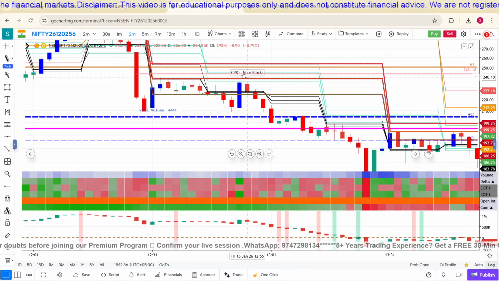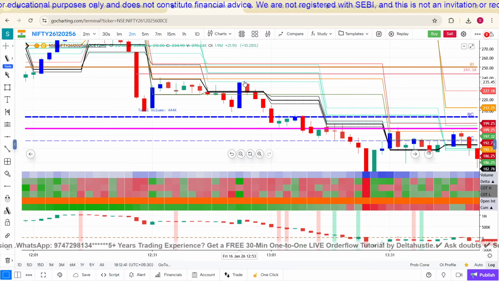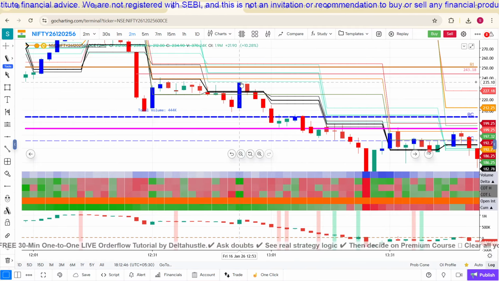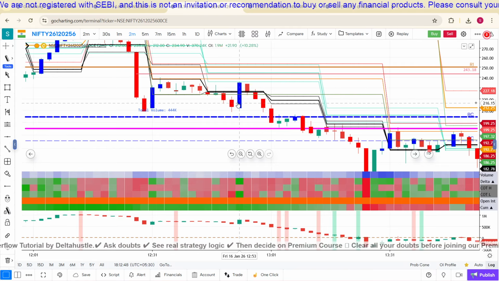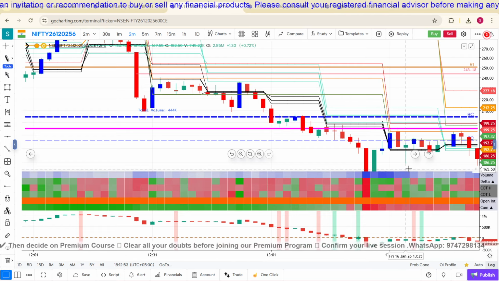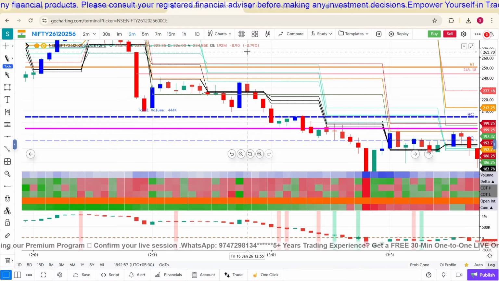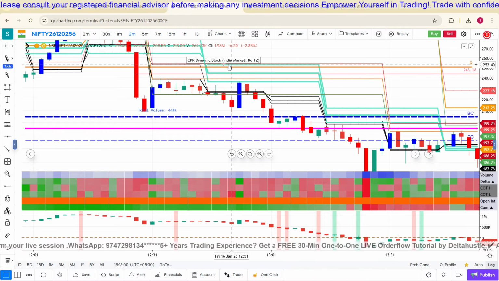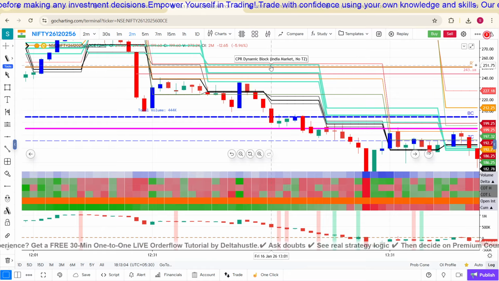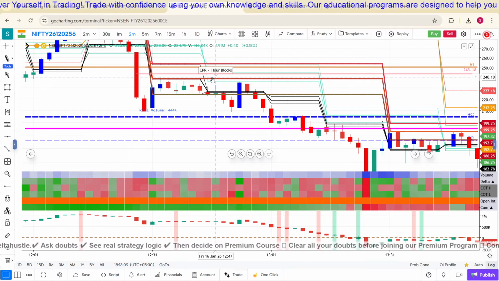The target reached here. This green line is 30 minutes CPR. It just touched that 30 minutes CPR and crashed. So this is a trap. So in order to overcome those traps in the price movement, price volatility, you need to focus on this thing: 15 minutes CPR on the top, 30 just down for long position, and 90 minutes lower.